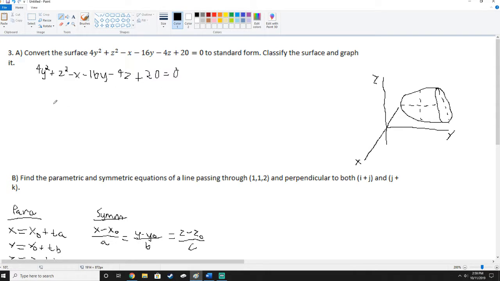So first thing we're going to do to start off is essentially complete the square for both our y and z variables and set the equation equal to x.